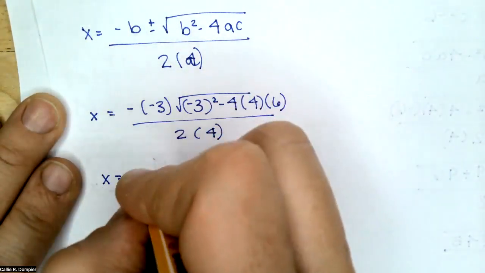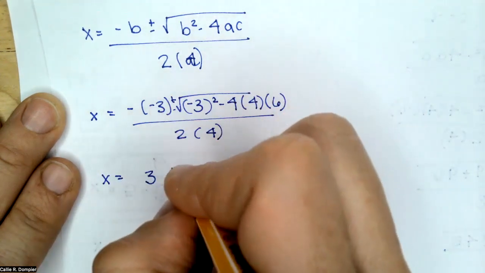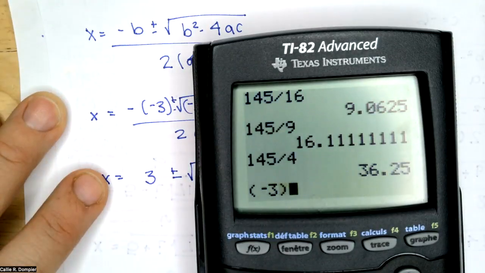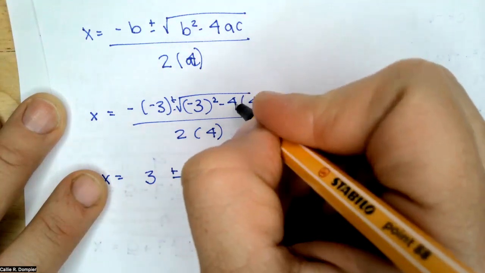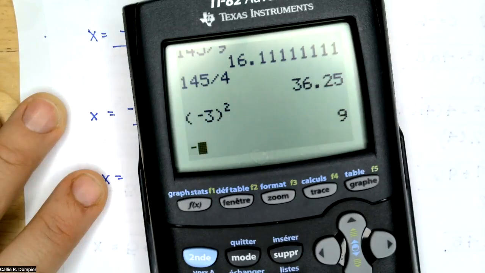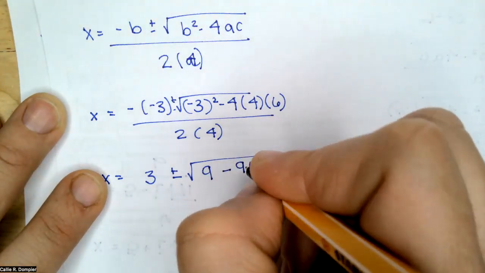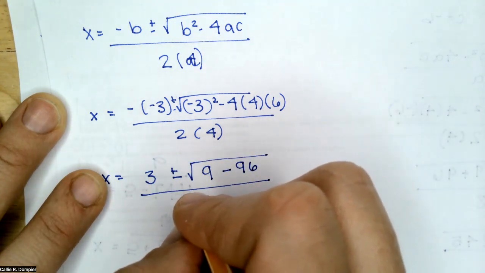X equals -3 becomes a +3 plus or minus the square root of -3 squared is 9. Negative 4 times 4 times 6 is a -96. So it's 9 minus 96 over 2 times 4 is 8.